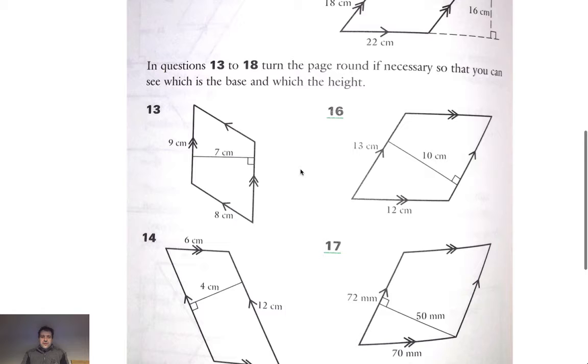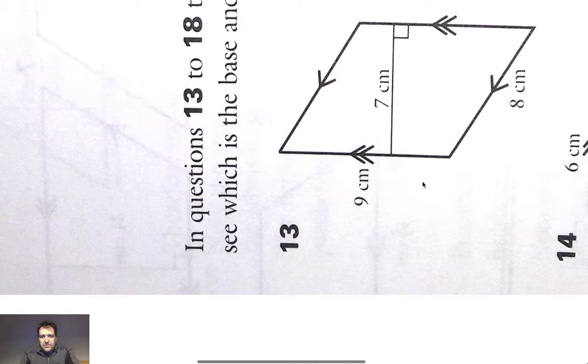None of those is exactly the base or the height, but if we turn the diagram round, then the 9 becomes the base, the 7 becomes the height, and the 8 becomes the slant height, which is not relevant.